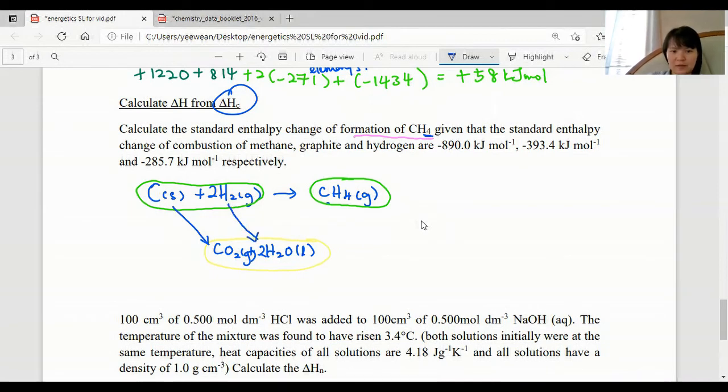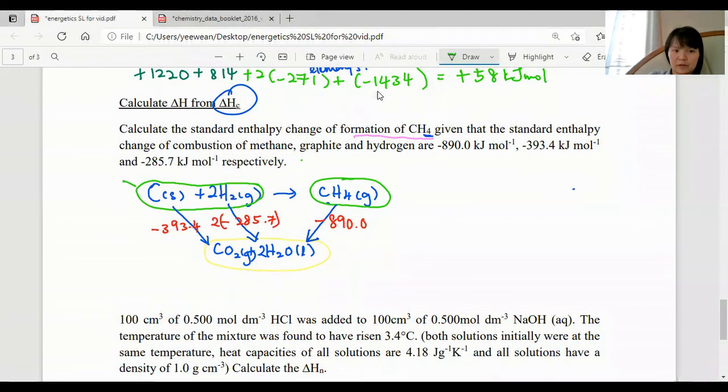And as for methane, if you combust it, it's going to form carbon dioxide and water. So I'm going to put the values in like what I did just now. Okay, remember that we're combusting hydrogen twice because there's 2 moles here. So we need to multiply by 2.